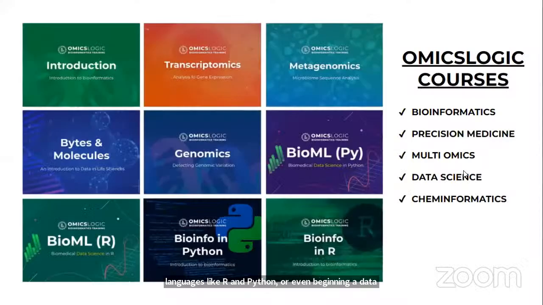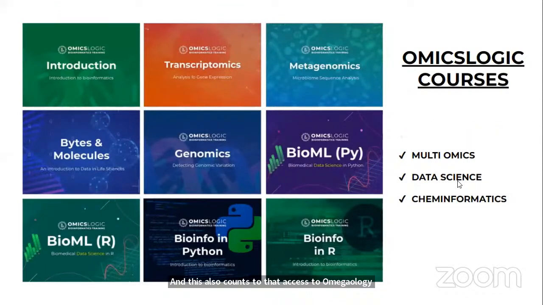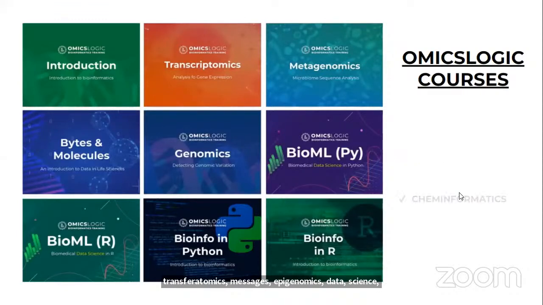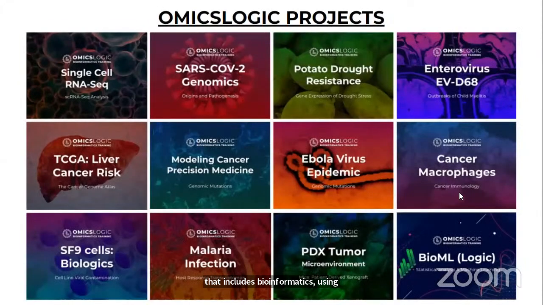This also comes with access to Omics Logic courses, which include courses on bioinformatics, precision medicine, multi-omics that includes genomics, transcriptomics, metagenomics, epigenomics, data science that includes bioinformatics using R and Python, as well as cheminformatics, and example projects of different fields which you could learn from and replicate for your research work.